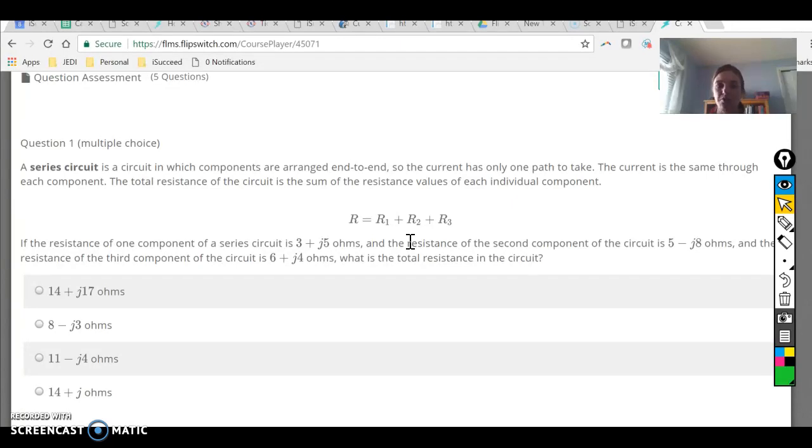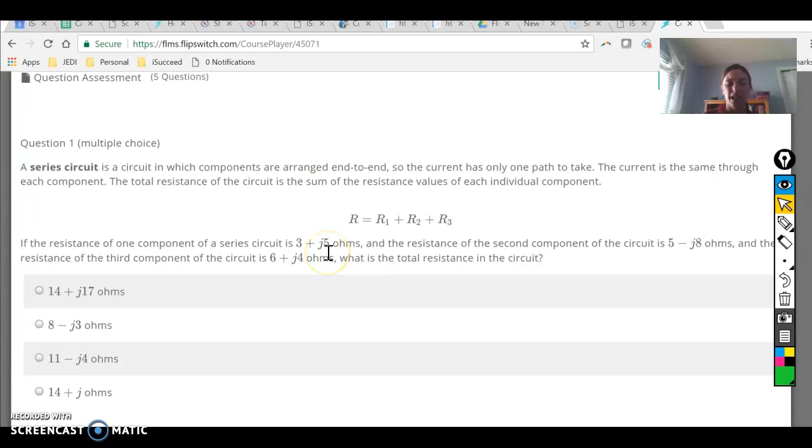Okay, so this is no different than what we've done before, where we can just add the real parts of the number and add the imaginary parts of the number. If we add 3, 5, and 6, we're going to get 14.